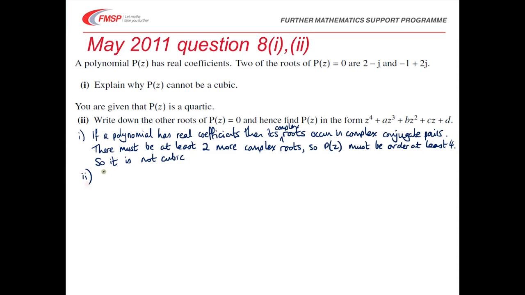Okay, writing down the other roots, just the conjugates of the ones that were given. So instead of 2 minus j, we get 2 plus j, and minus 1 minus 2j are the other roots. Now we can write down the factors.